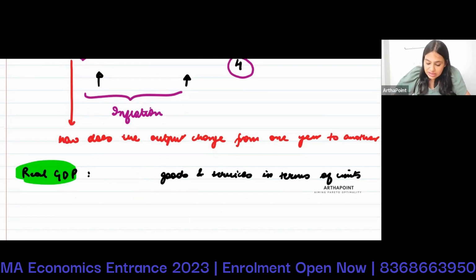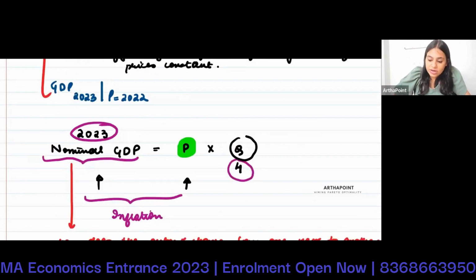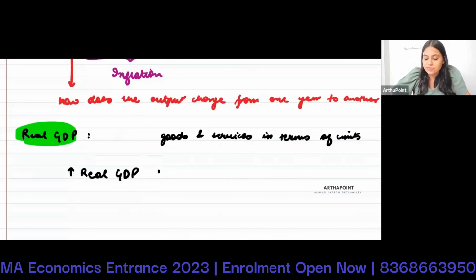If there is increase in real GDP, which means if there is increase in the quantity that I produce, then that's an increase in welfare.